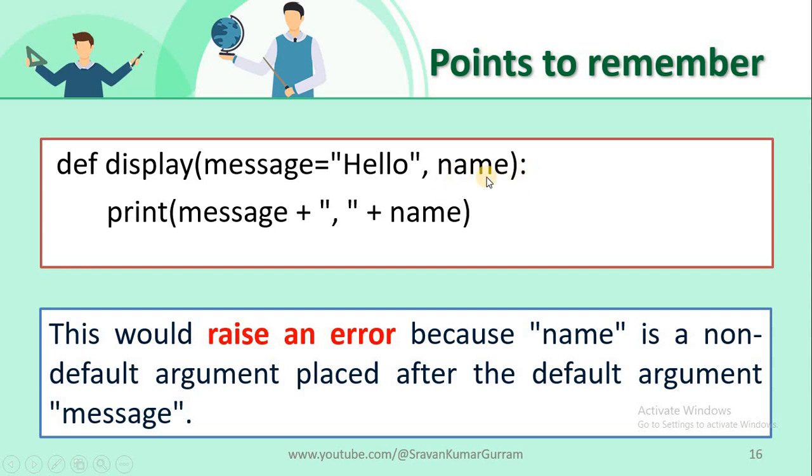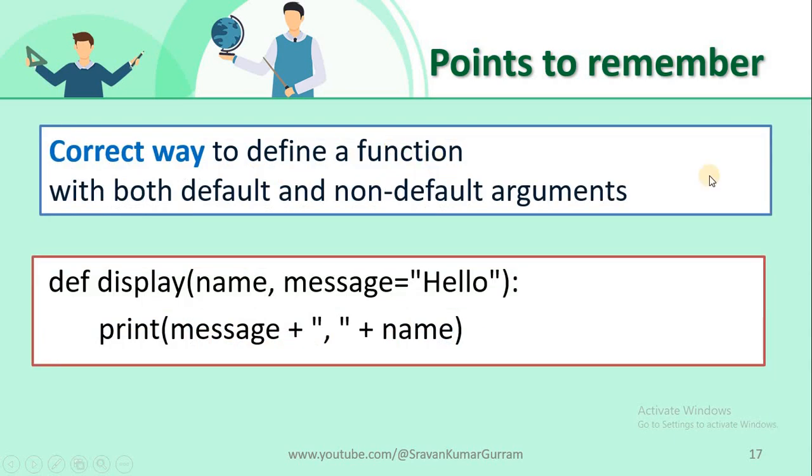It doesn't have any default value here, right? And message is a default argument. See this? The correct way to define the function if you want to use both default and non-default arguments is, you must write non-default arguments first, then you can write default arguments. This is the correct way.